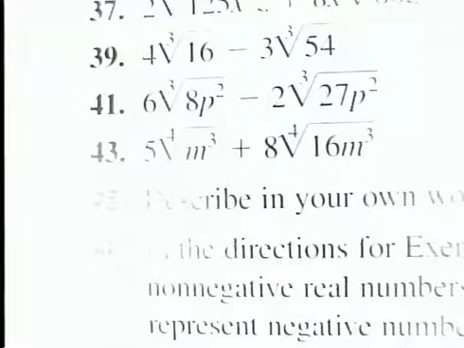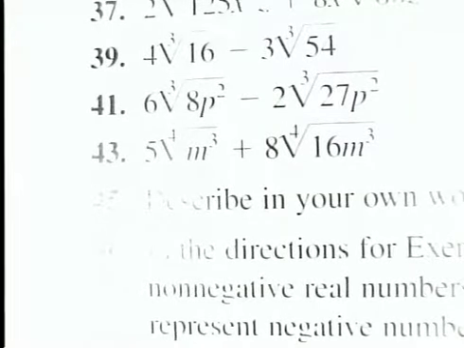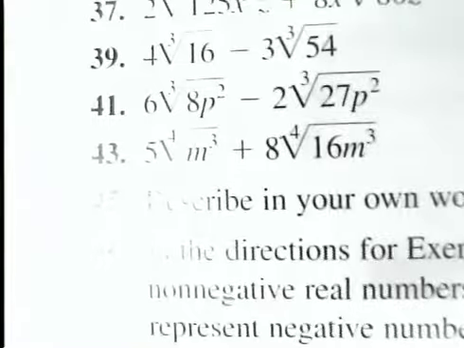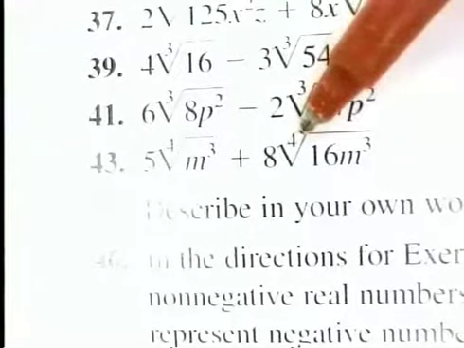A 4th root, correct? I'm on number 43, and I have the 4th root, because of the index that you're seeing on the second radical, right there. That 4 means the 4th root.